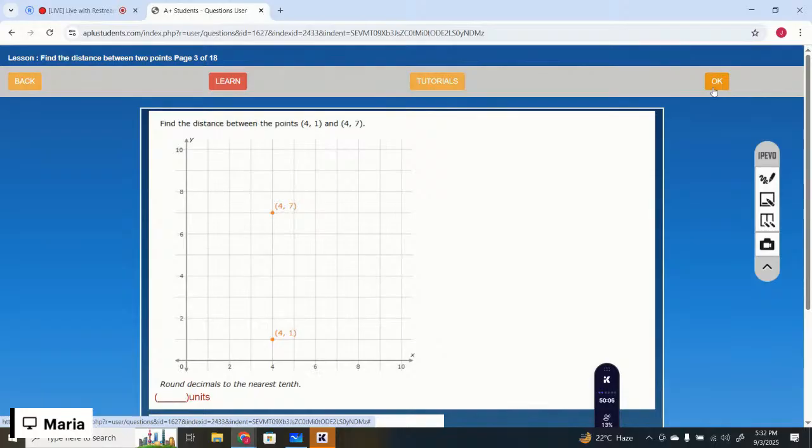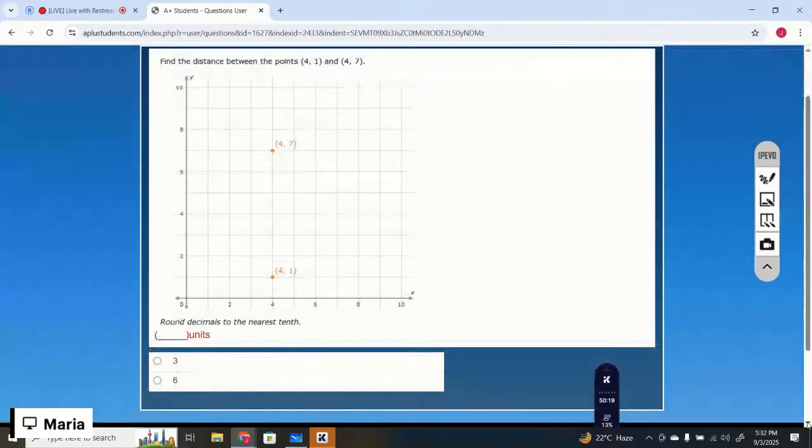Find the distance between the points 4, 1 and 4, 7. That is 6 units.